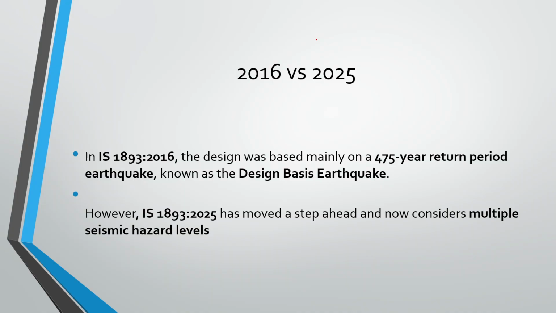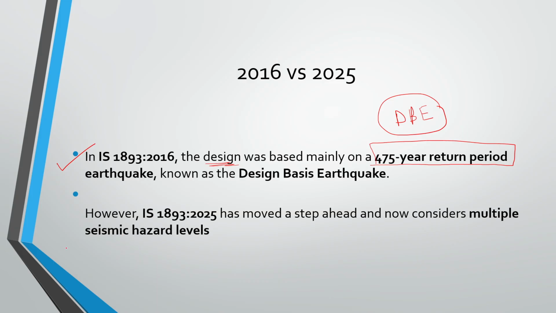If I compare with IS 1893 2016, the design was based on a 475 year return period. So there was only one return period, which was considered as the design basis earthquake, DBE.